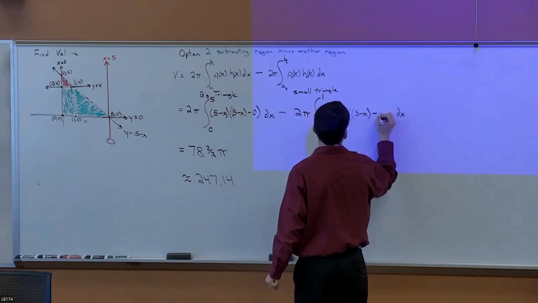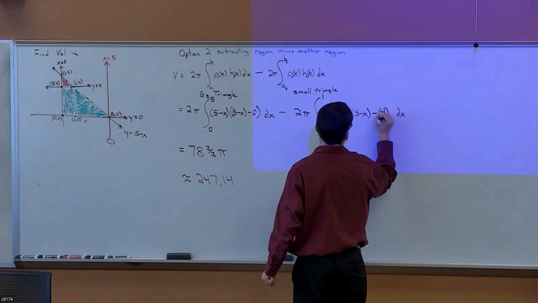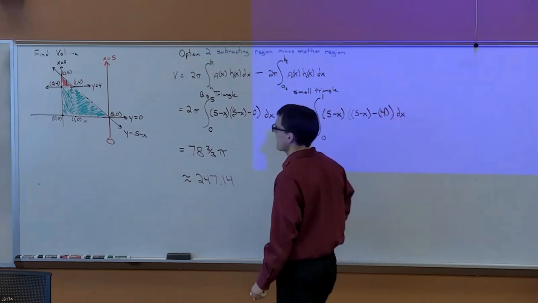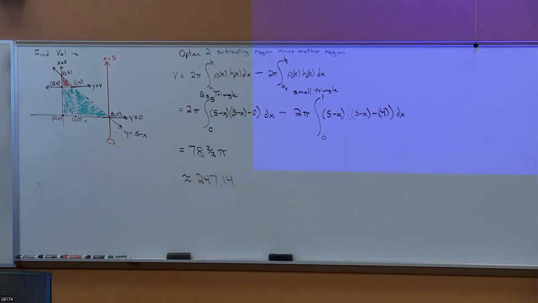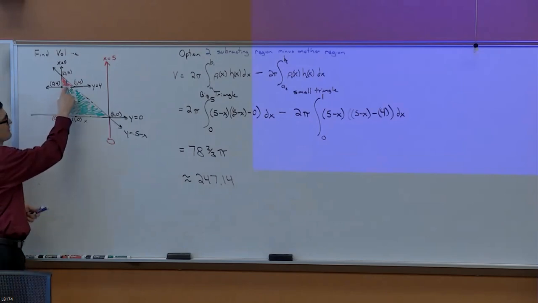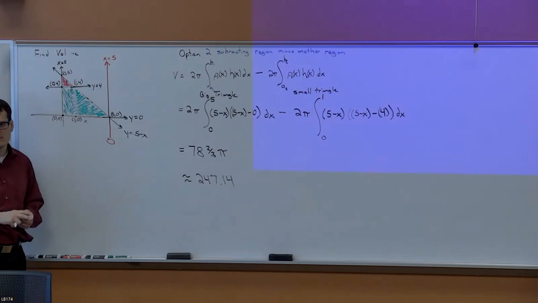The bottom of that Riemann sum rectangle is y equals 4. So top of the rectangle, 5 minus x. Bottom of the rectangle, 4. And by rectangle, I mean this Riemann sum rectangle. Okay.